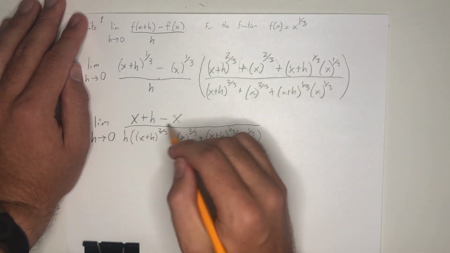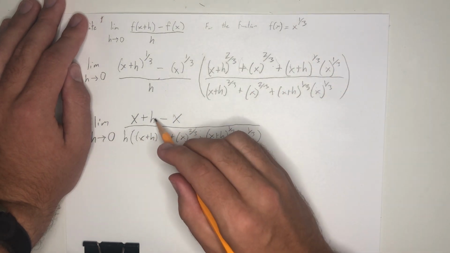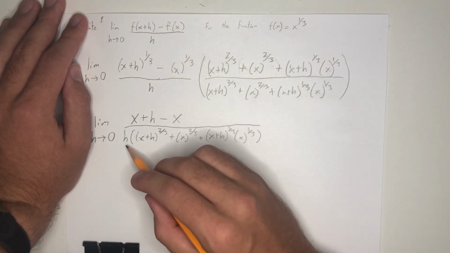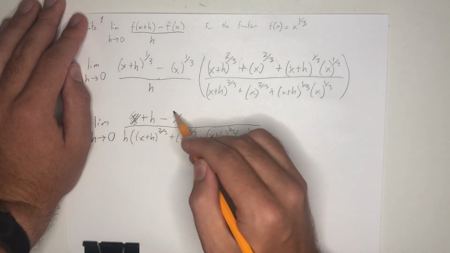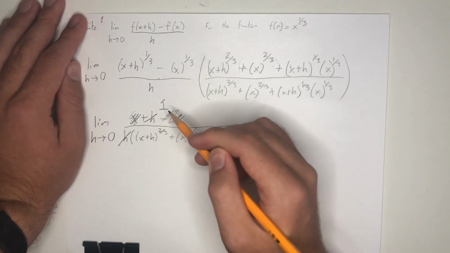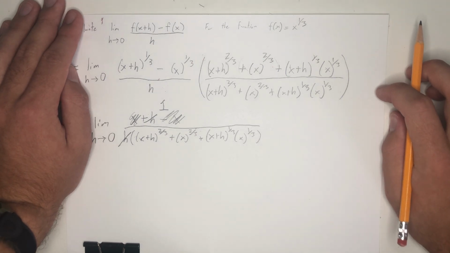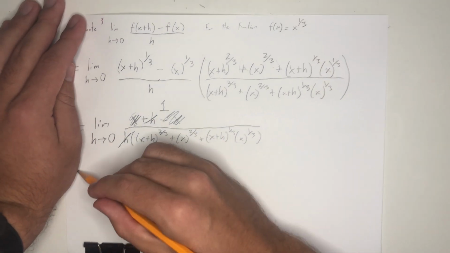The first is that x minus x is equivalent to 0, so we're left with an h over an h. So first the x's go away, and then the h simplifies to 1. And now we can actually apply the limit.